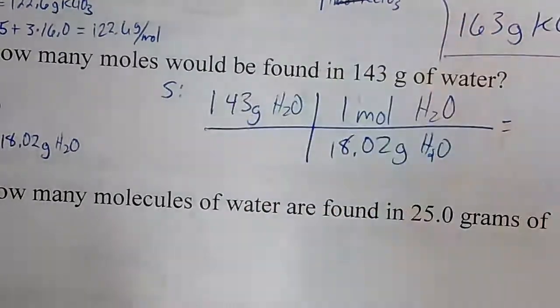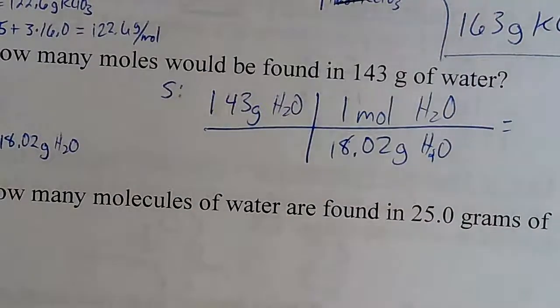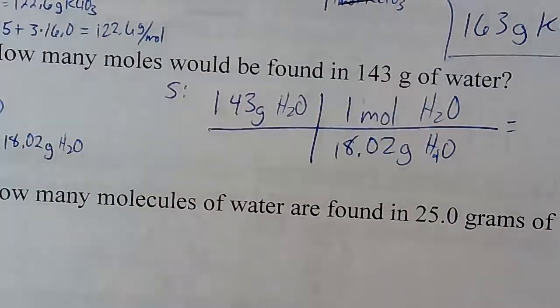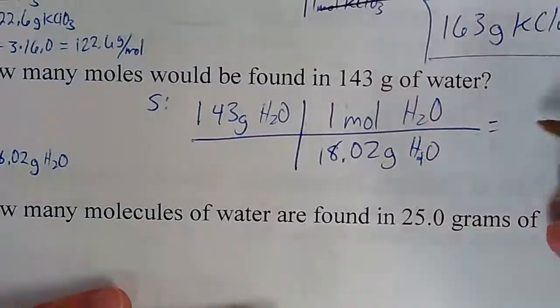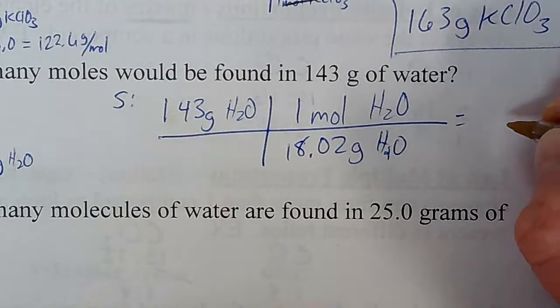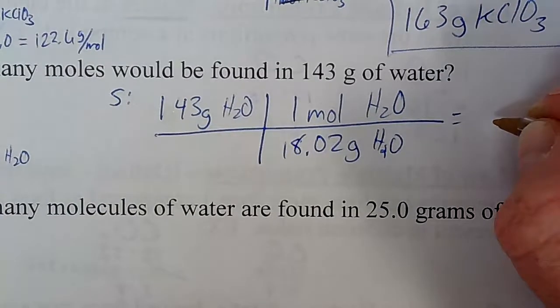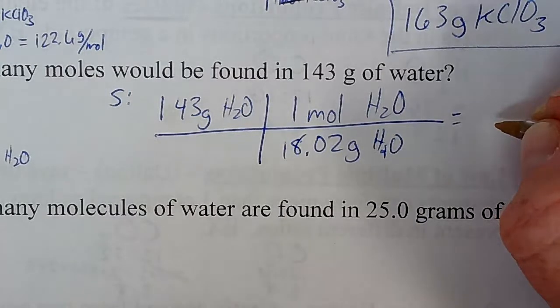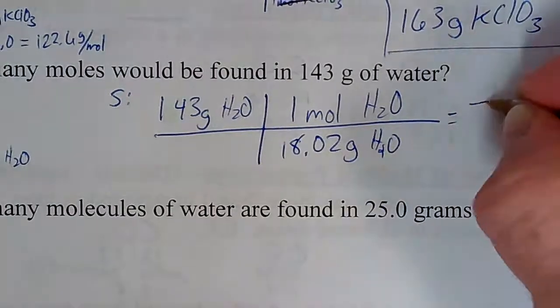Let's see, 143 divided by 18. Let's go 7 point something. 7.935, so that's what it would round up to. 7.93. Okay, so 7.94.